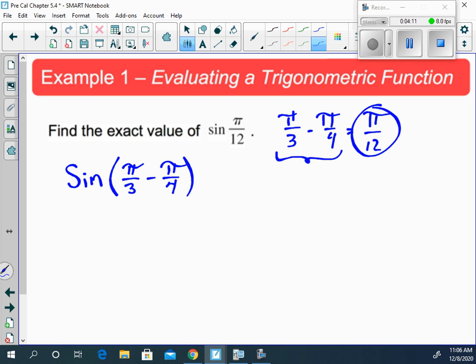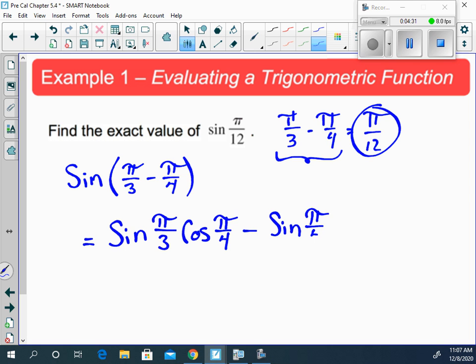So we need the sine and cosine of pi over 3 and pi over 4: sine of pi over 3 times cosine of pi over 4 minus sine of pi over 4 times cosine of pi over 3. Because it's just sticking to that formula: sine of u minus v is sine of u cosine v minus sine of v cosine u.